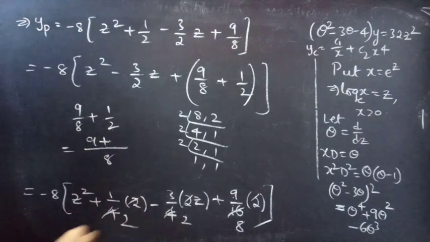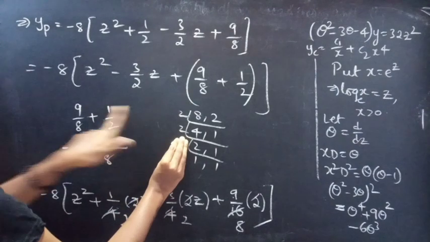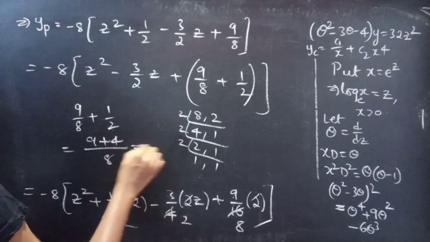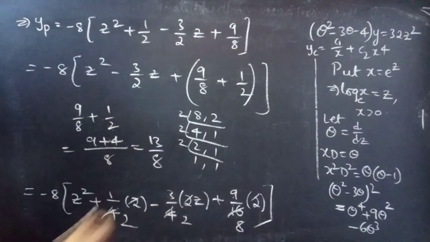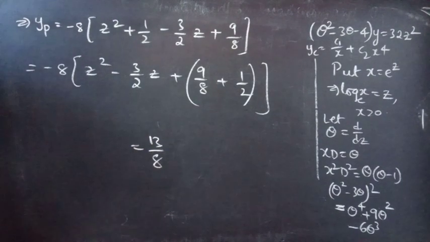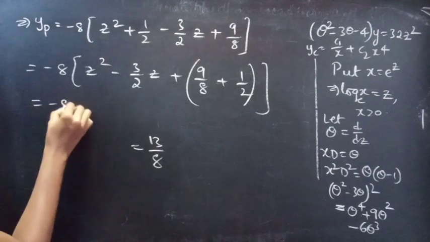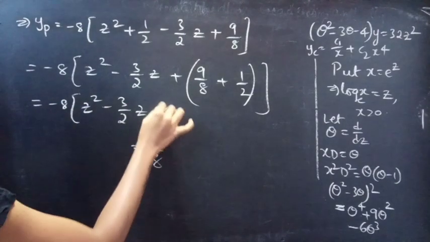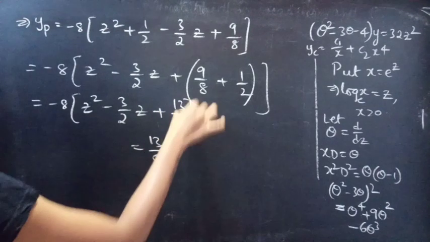So you'll get 2 4s are 8. Multiply 4 to this one. You'll get 4 plus 9 by 8, which is 13 by 8. Then yp becomes minus 8 into z square minus 3 by 2 into z plus 13 by 8.